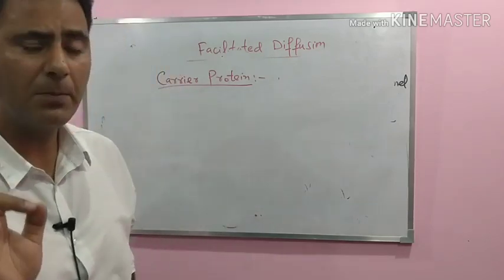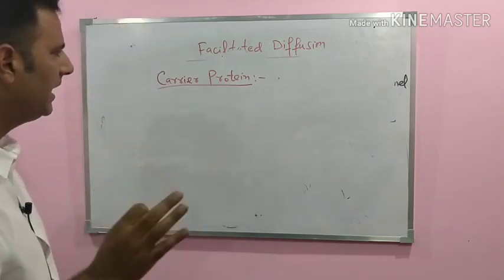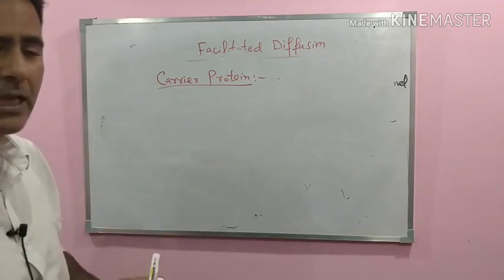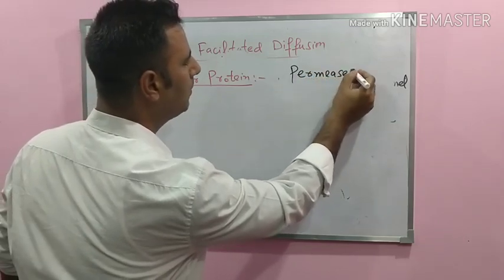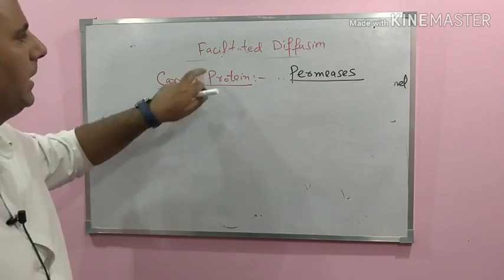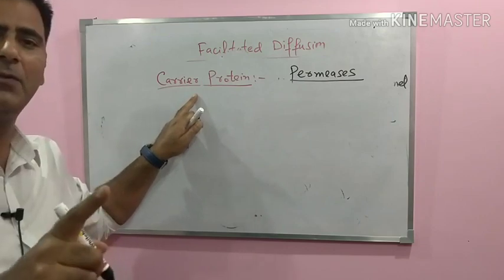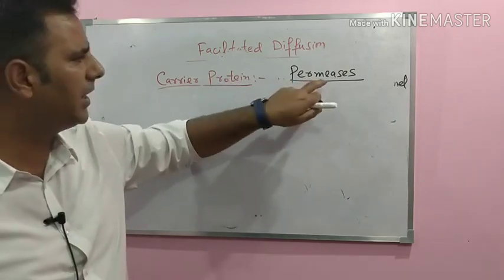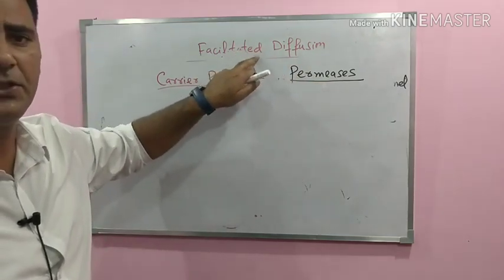But there are some carrier proteins which are getting involved in facilitated diffusion. And such type of carrier proteins have a special name. We call them as permeases. Permeases are those carrier proteins which are involved in facilitated diffusion. Otherwise, carrier proteins are always involved in active transport. But we have some special kind of carrier proteins which are named as permeases. They are involved only in case of facilitated diffusion.